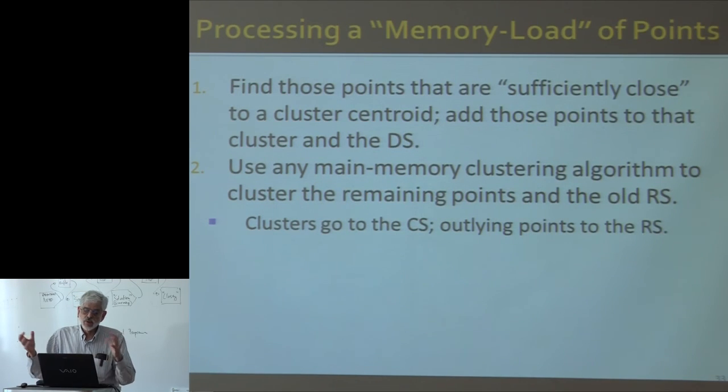And by the way, you know how many points you're adding, so that tells you how much to add to n, the count of points. Then you just add these points to the sum vector, and you take the squares of the coordinates of these points and add that to the sum squared vector. So that's how points get integrated into a cluster.